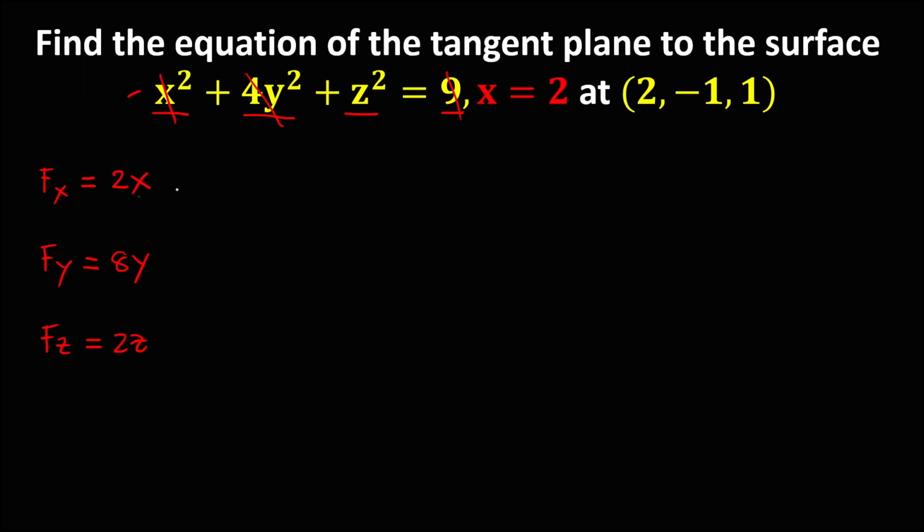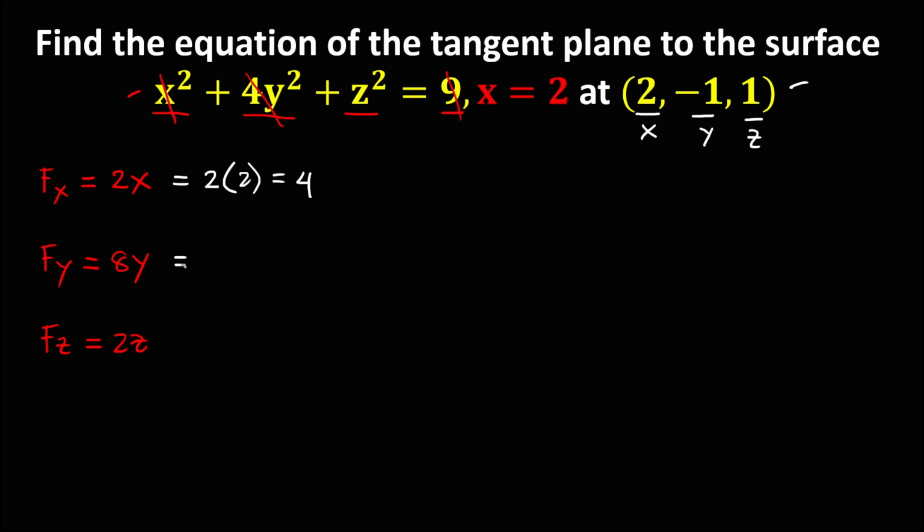Then this time, we find the value for f sub x, f sub y, and f sub z using these values. So this is x, this is y, and this one is z. For f sub x, we have 2 times x, and x is positive 2, so this one is equal to 4.